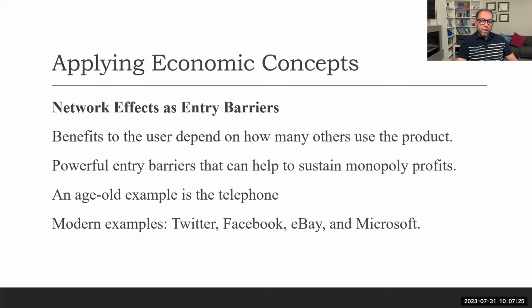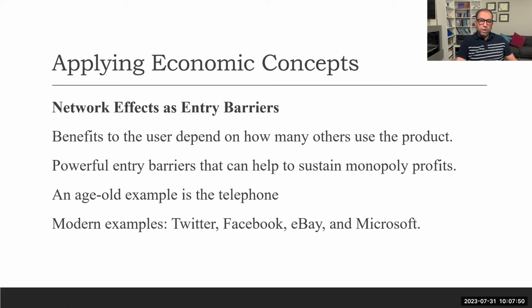Network effect as a barrier to entry. The benefit to the user depends on how many others use the product, and powerful entry barriers can help to sustain monopoly profits. And we see in our age, like the cell phone, different types of software or apps. These are all based on networks, and their values increase if more and more users are there.